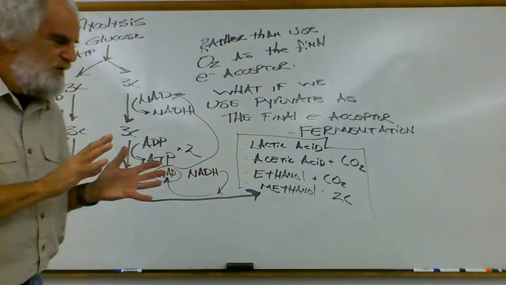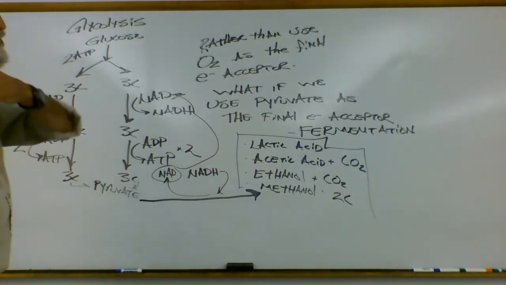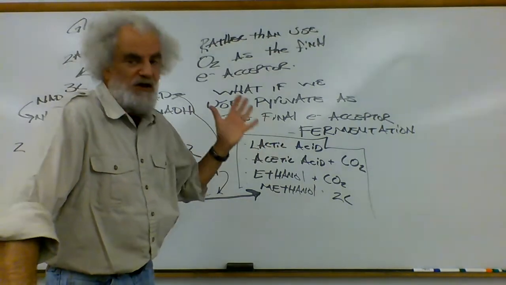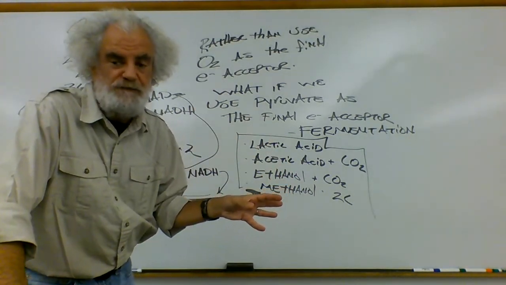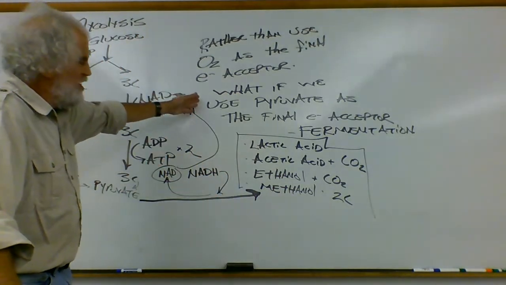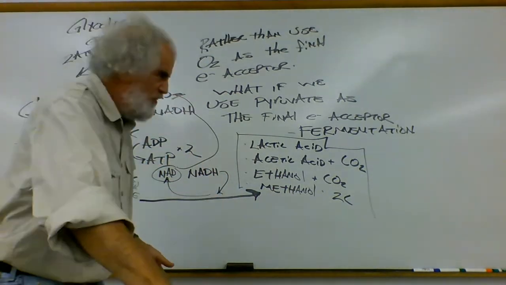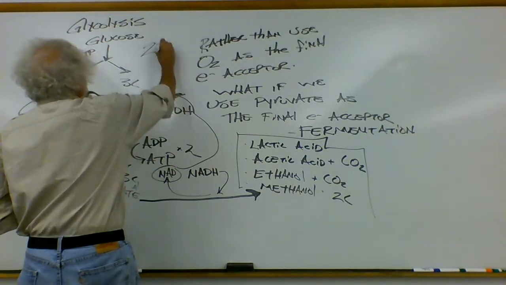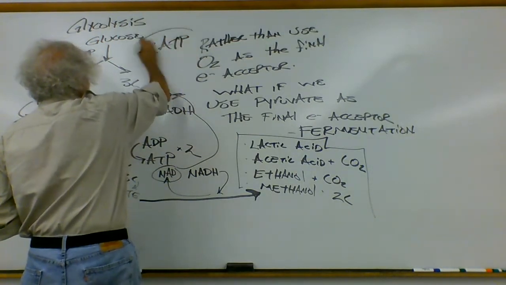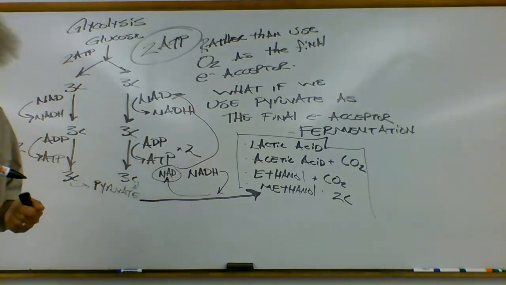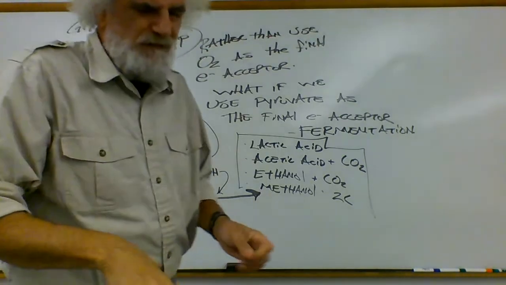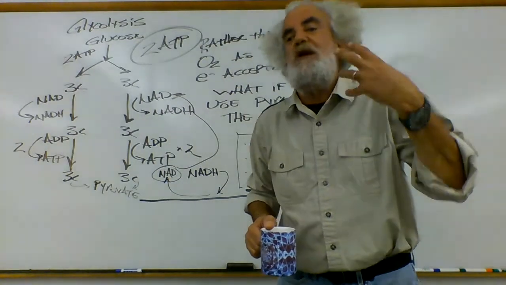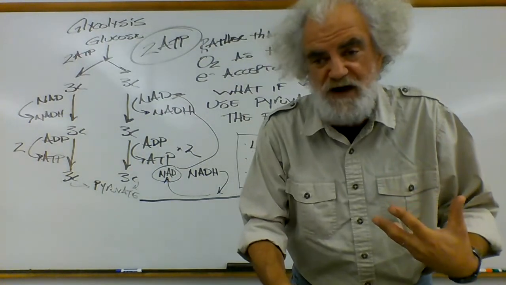And let's think about what we're doing here. Rather than shutting up shop entirely, if there is no final oxygen electron acceptor, what we can do is this shortcut, and we generate a net gain of 2 ATP. So it is, for us, kind of a last-ditch effort to generate a little bit of ATP in the absence of oxygen.